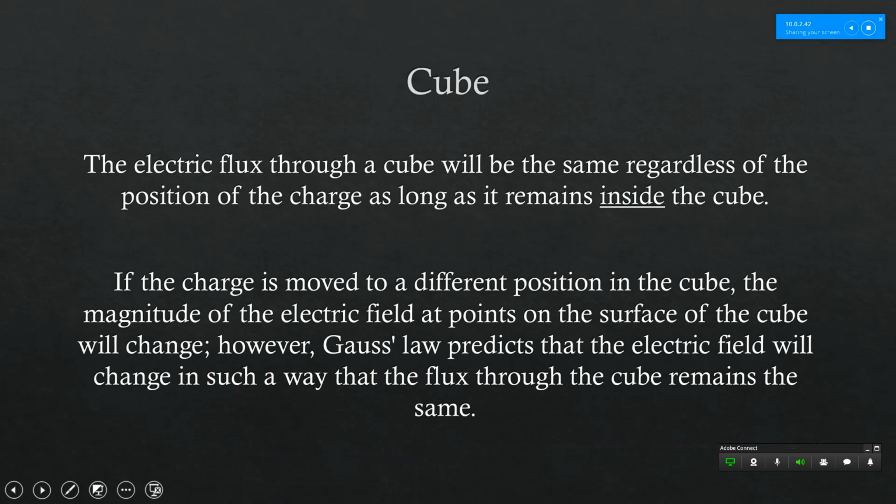How about for a cube? If I drew a cube, Gaussian surface, and I put a charge Q inside, what would be the flux coming out of the cube?